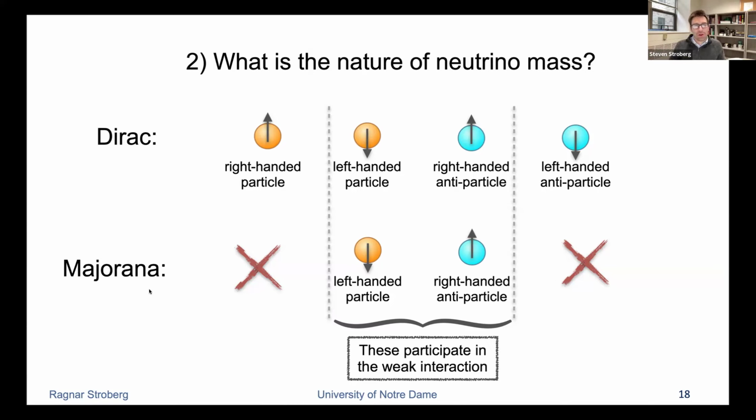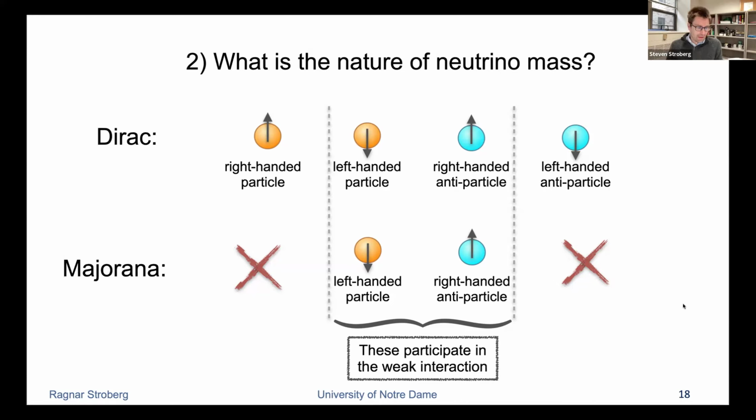For a Majorana particle, you just have a left-handed particle and, say, a right-handed antiparticle. And then the other 2 don't exist. Which is another way of saying this would be that the particle is its own antiparticle. By flipping the spin, you change a particle into an antiparticle. So why would we even think that this is a possibility?